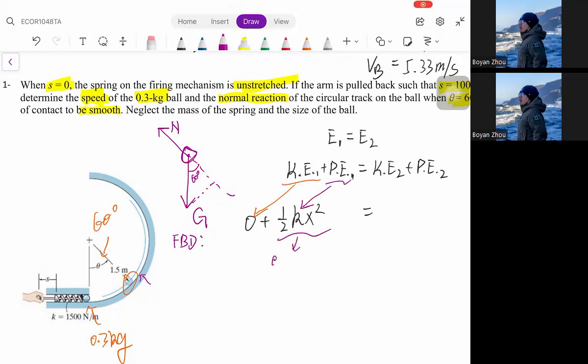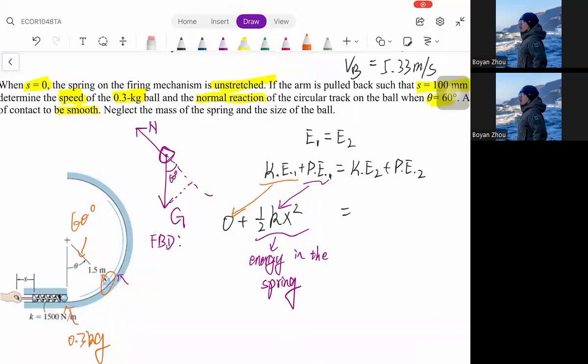This is the energy in the spring. Also, remember when you're doing the calculation, the x here is the stretched length.